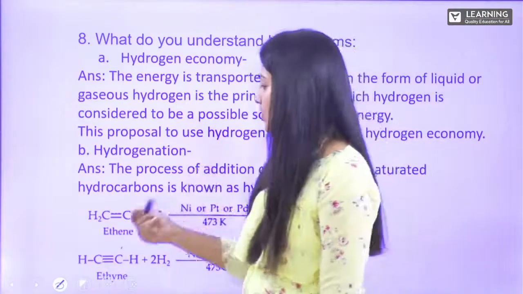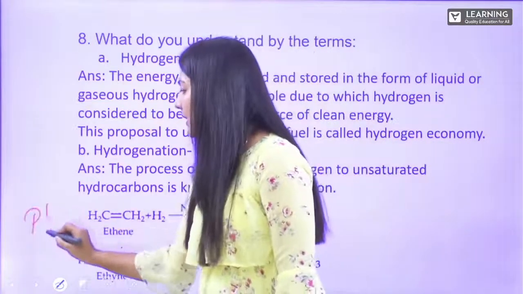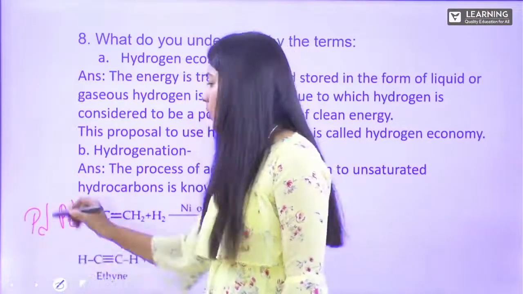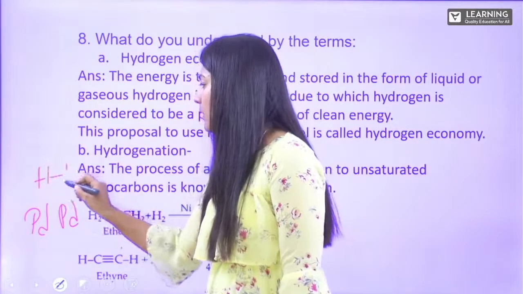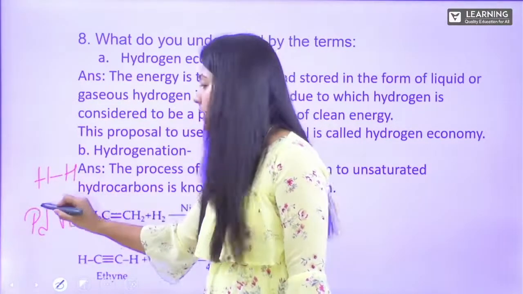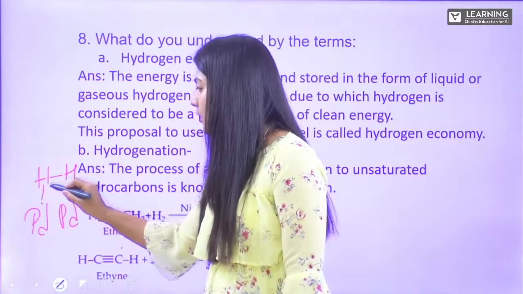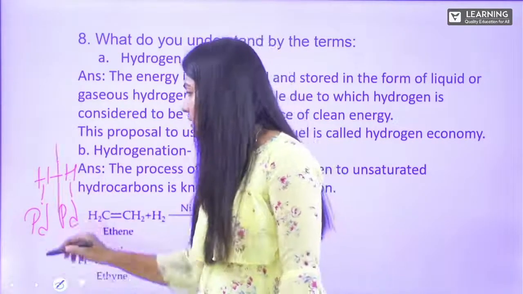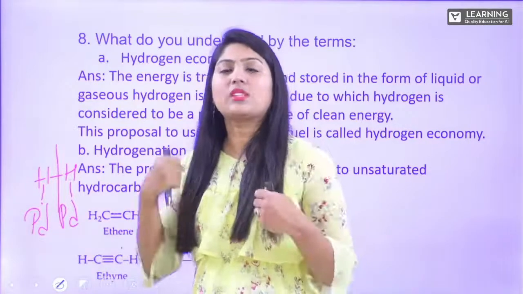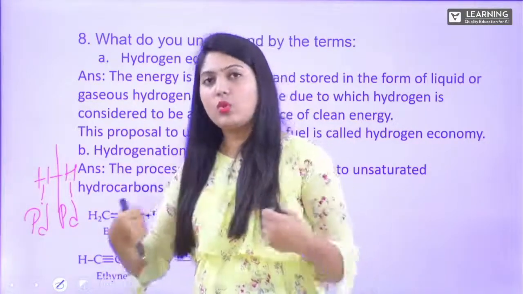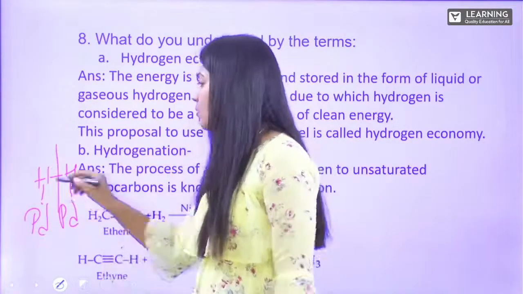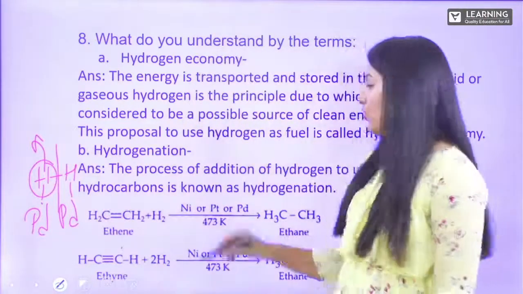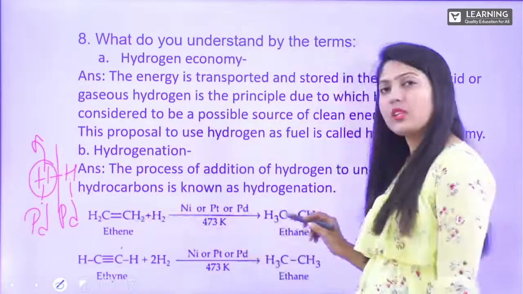As I have already told you, when we have palladium or platinum or nickel, what happens when a hydrogen molecule comes and sits on the surface? They form a weak bond with the palladium such that the strong bond between the hydrogen atoms is cleaved.